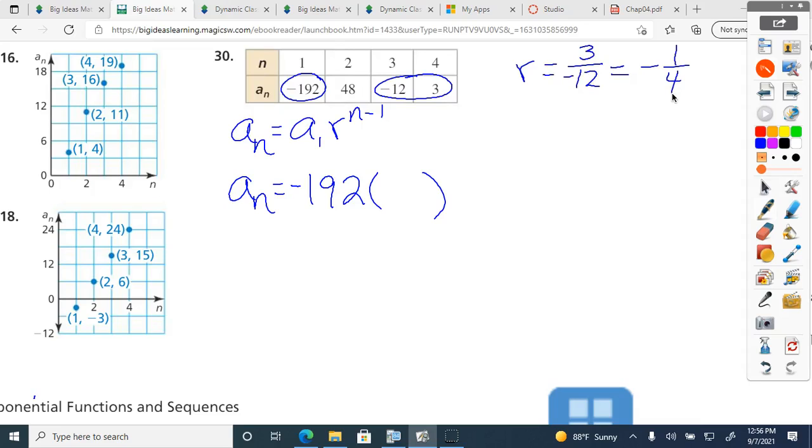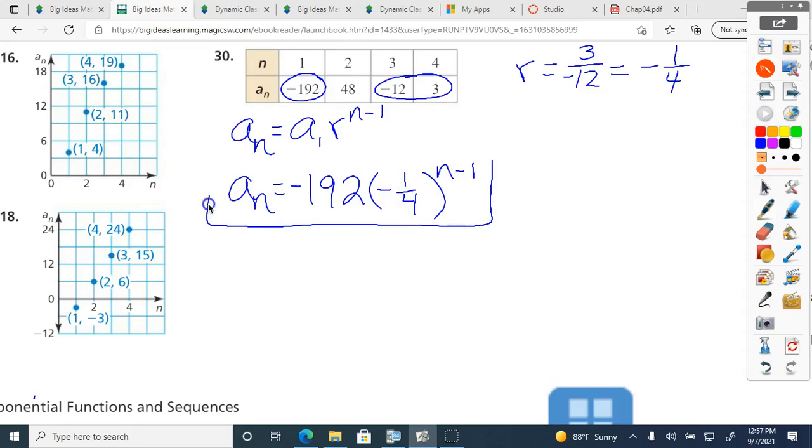It's getting smaller. Okay? So if you ever say R is a number more than 1, but the numbers are getting smaller, R can't be correct. Okay? If the numbers are getting smaller, R has to be less than 1. And I'm not talking about negative, I'm talking about being a fraction. Okay? So, -1/4 goes in our parentheses to the n minus 1 power.